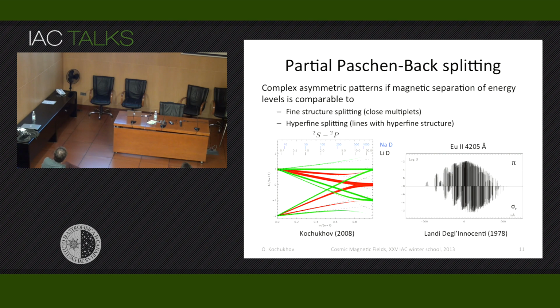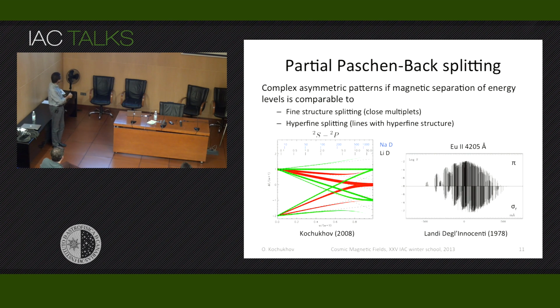And then we enter what is known as the Paschen-Back or partial Paschen-Back splitting regime. Such situations can occur when we have two very close lines, like this is the case for the famous lithium line. It's a close doublet. Or it can happen when we have an additional type of splitting, for instance, due to hyperfine interactions. So these two figures illustrate examples of complication.